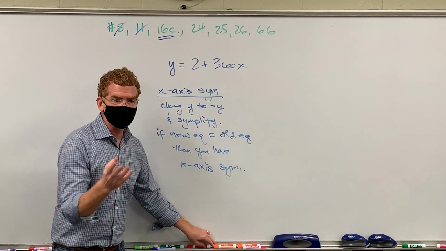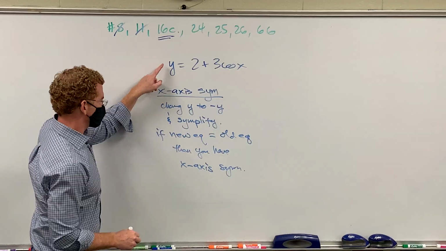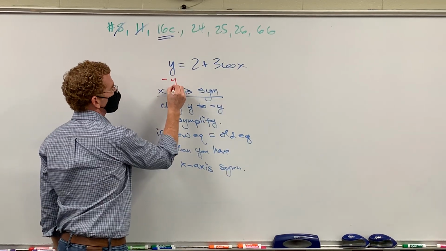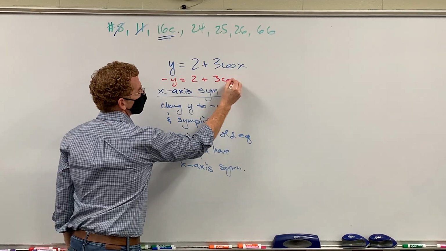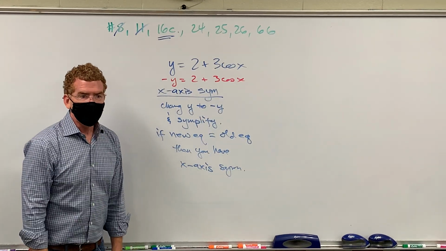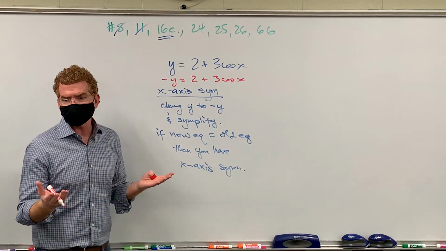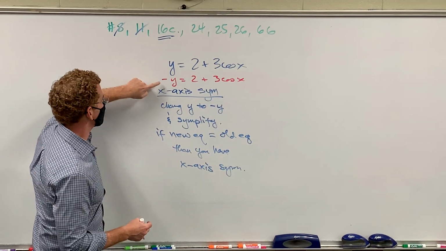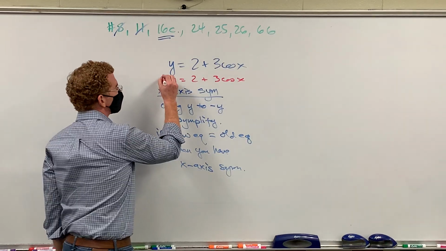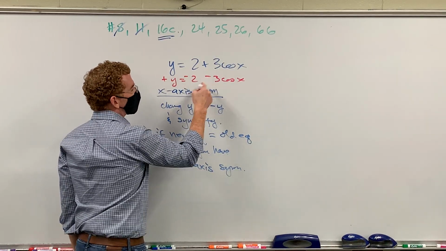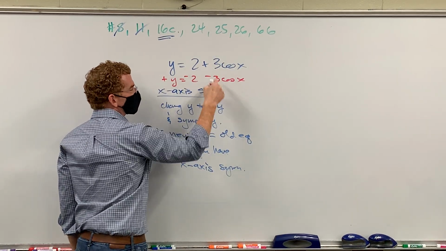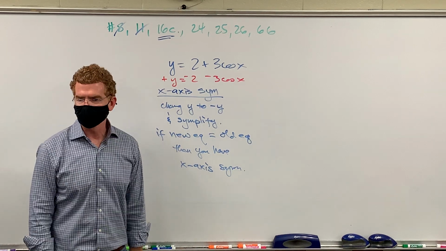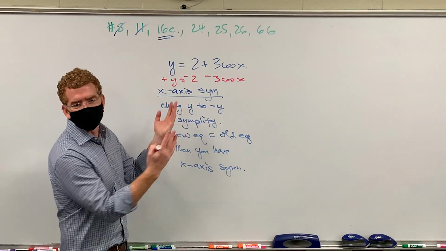So, just to give you a little vision of that, if I were to change the y to a -y and then simplify, I'm trying to make it exactly the same as this. So if I went back through here and multiplied it through by a negative, does my old function look like the new function? No, then it does not have x-axis symmetry. We learned, but I kind of knew that already.